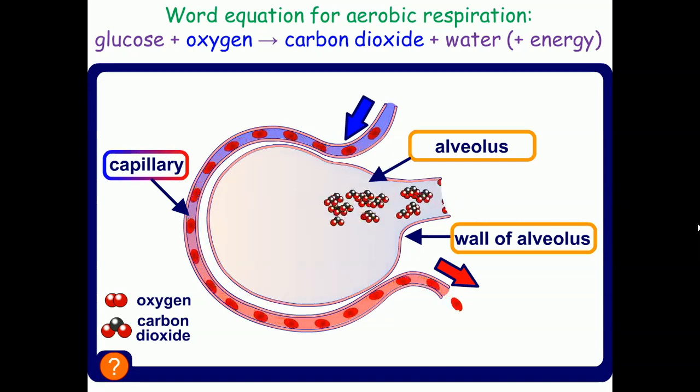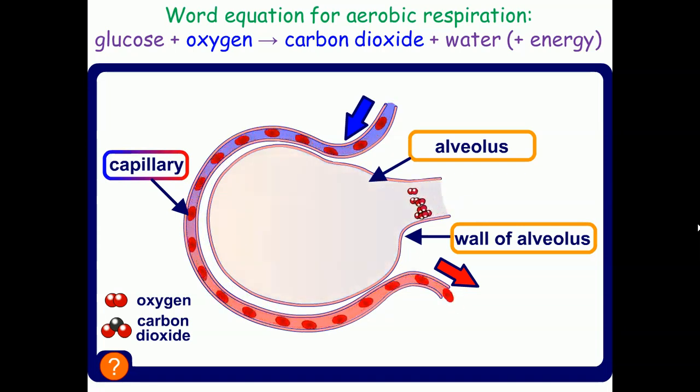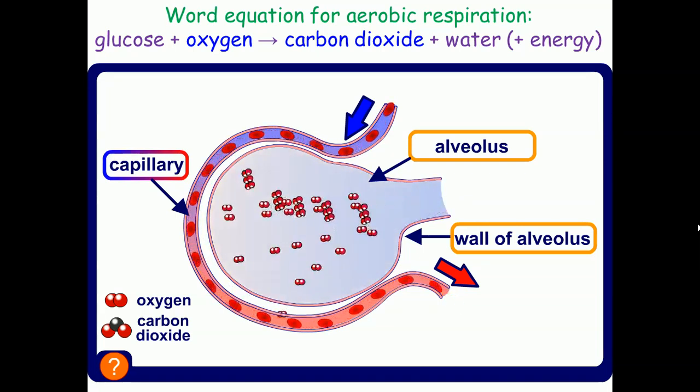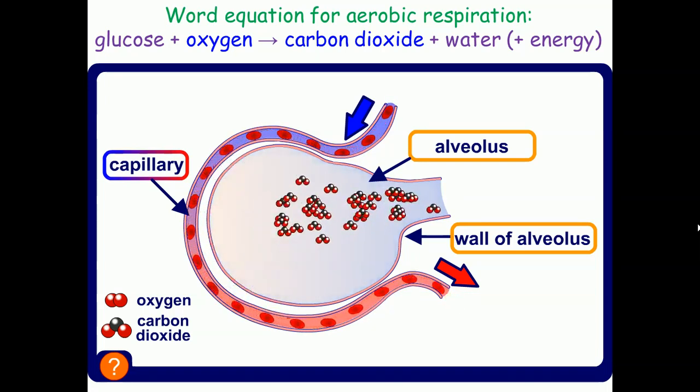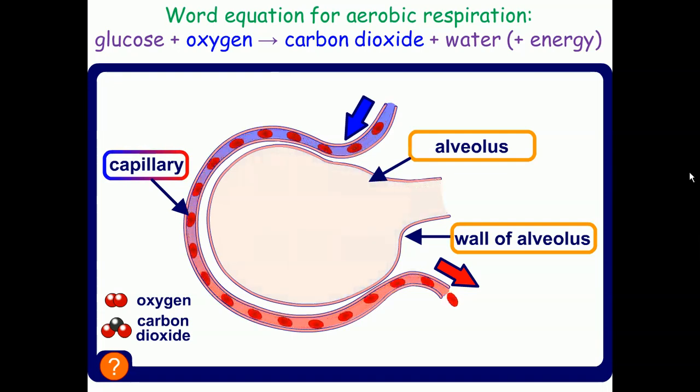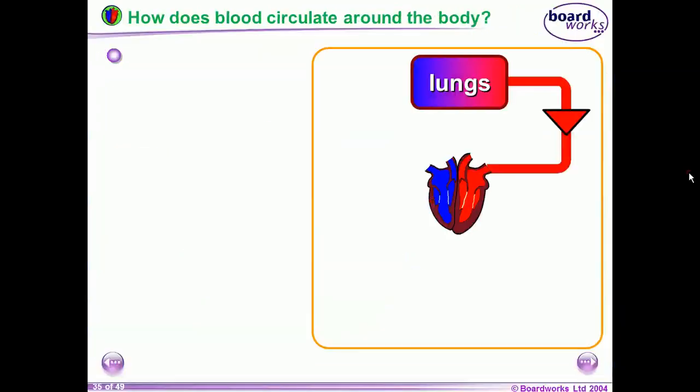So if we start off from here, we've got oxygen that's diffusing in from a higher concentration in the alveolus to a lower concentration in the blood, and this is the capillary in the lungs. Then that needs to go to the heart, so the heart can pump it to the rest of the body, because there isn't a lot of pressure from the lungs, so we need the contraction of the heart to pump it to the rest of the body.